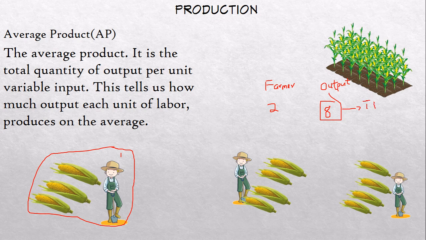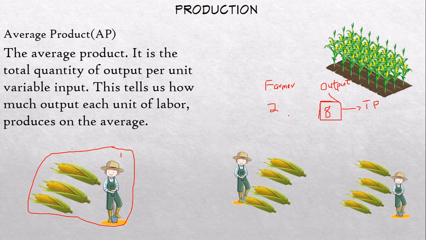Now, when we say an average, it means that if I am to distribute this 8 maize to the 2 farmers evenly, so evenly means that they should get the same number of maize, then how much is each going to get?